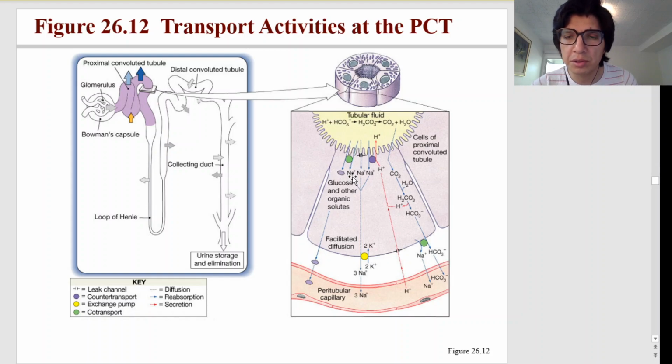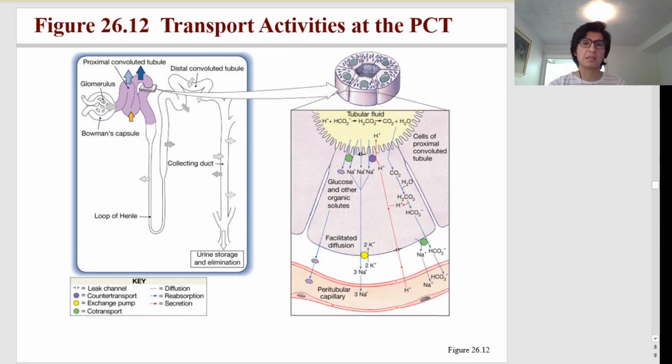Wherever sodium goes, water will follow the concentration of sodium as well. We also have CO2 being reabsorbed, and this is part of the bicarbonate buffer system present here. So at this level there's regulation of the pH.